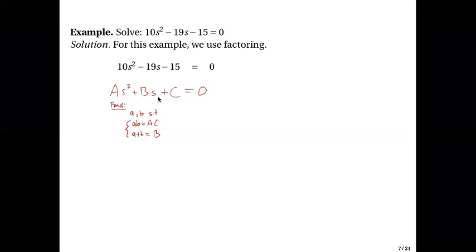And the method that I discussed just before doing the first example: find R1, R2 such that R1 times R2 is equal to C over A, and R1 plus R2 equals negative B over A. It's the same thing, very much similar.